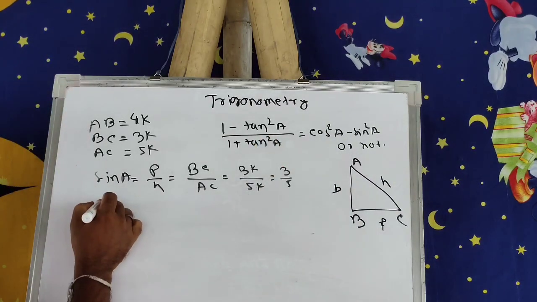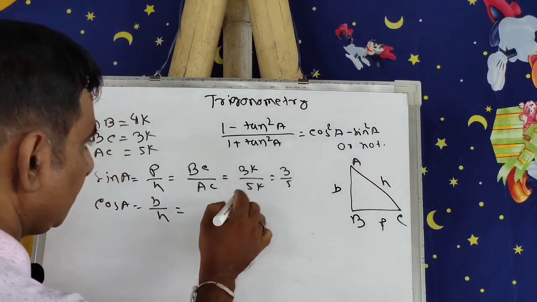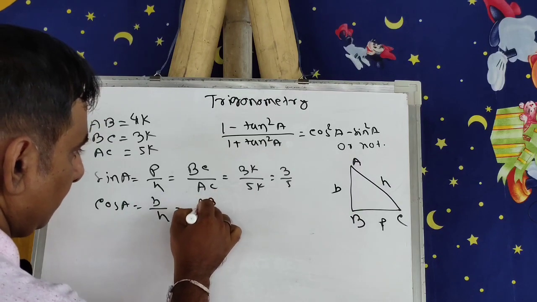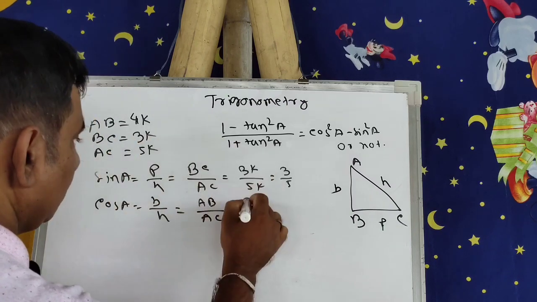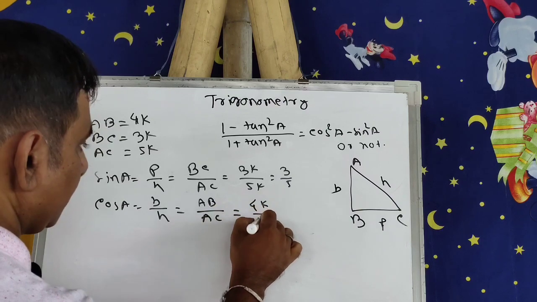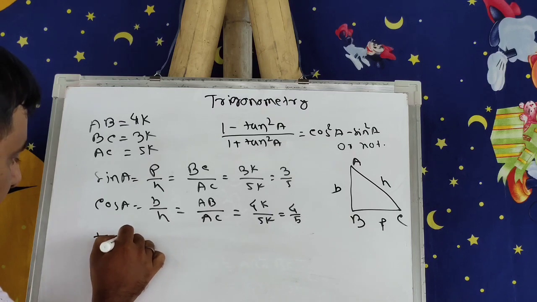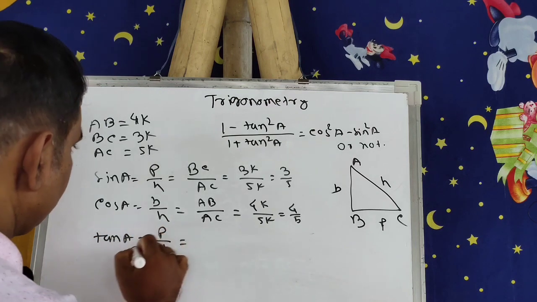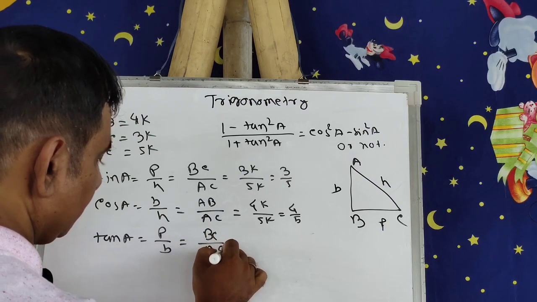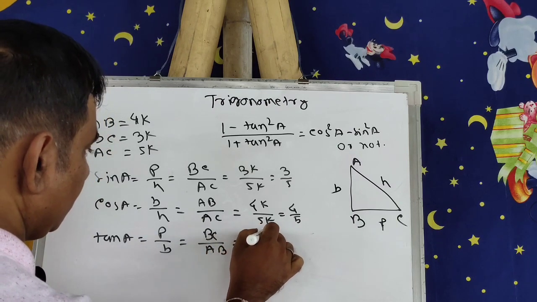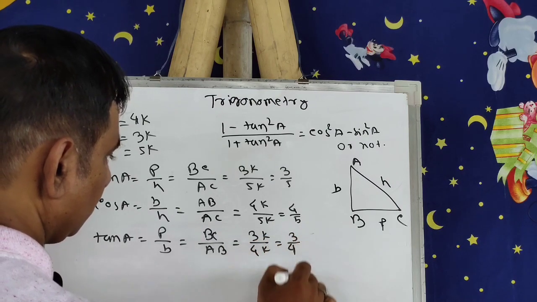Find cos A equal to B by H equal to AB by AC equal to 4K by 5K equal to 4 by 5, and tan A equal to P by B equal to BC by AB. BC means 3K by 4K equal to 3 by 4.